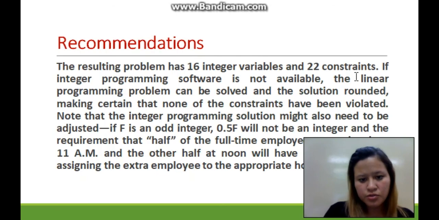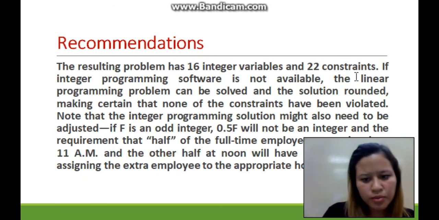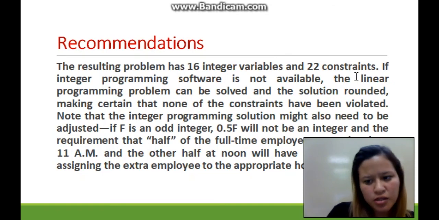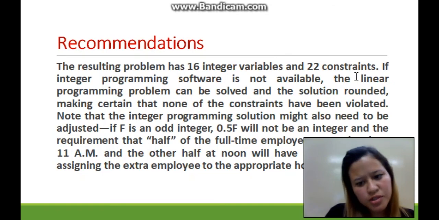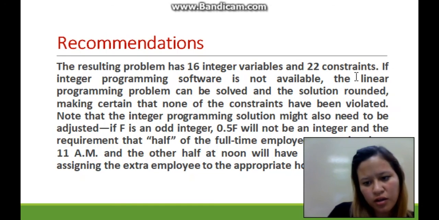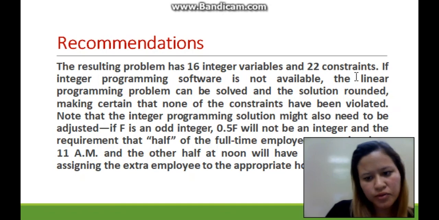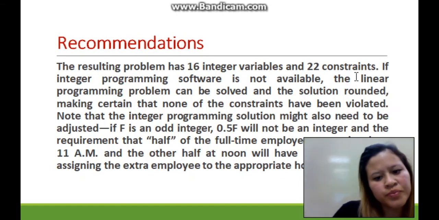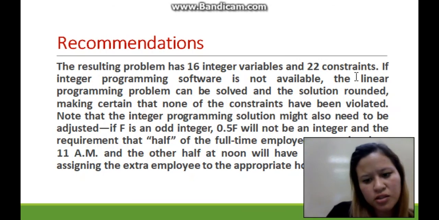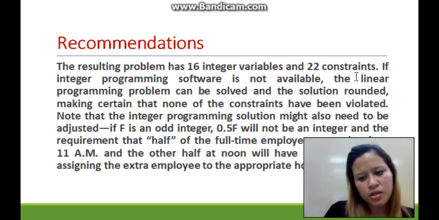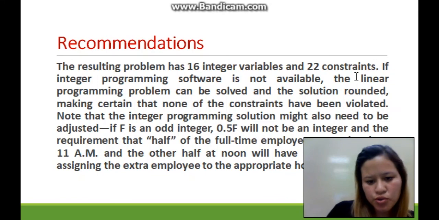And the recommendations. The resulting program has 16 integer variables and 22 constraints. If integer programming software is not available, the linear programming problem can be solved and the solution rounded, making certain that none of the constraints are violated. Note that the integer programming solution might also need to be adjusted.